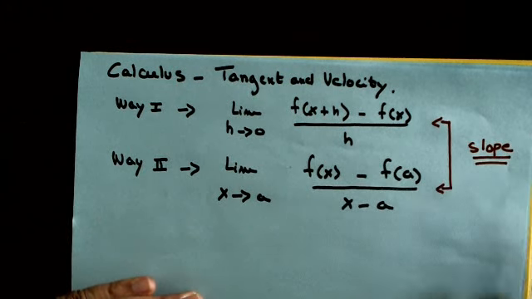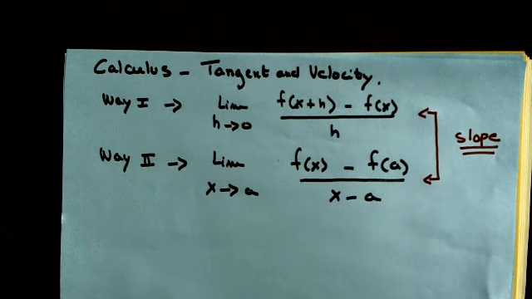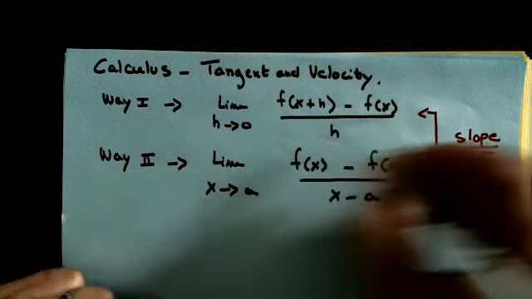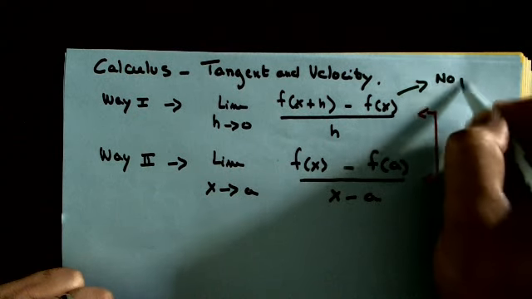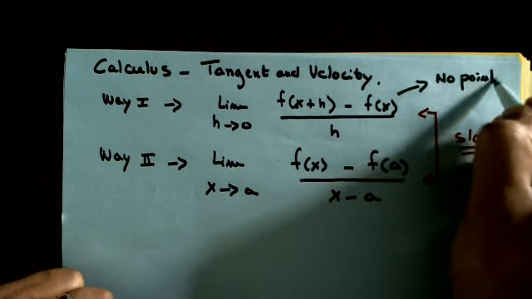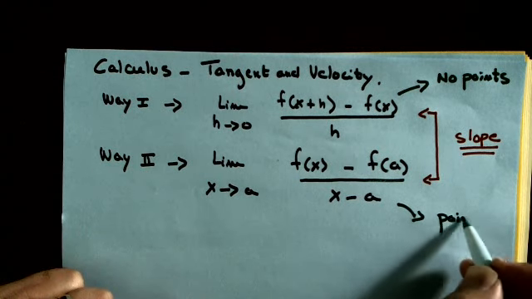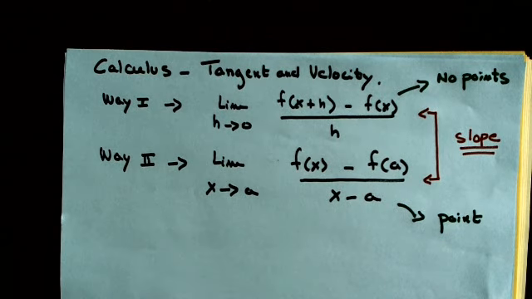Except one thing we need to understand is that this method has no point, but this one has a point. So that's what we discussed last time.